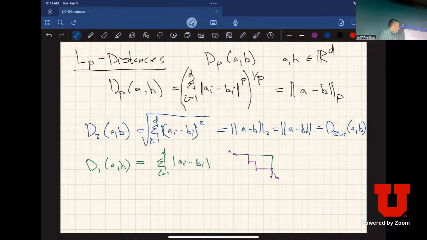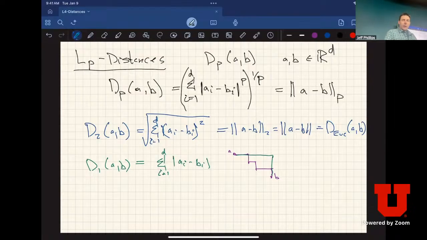Okay, Manhattan has these weird streets that cut through the middle. Downtown Salt Lake City is a better example. So this is also a metric, and this one is sometimes much easier to work with, and we'll actually see some really important properties that happen when you use this choice of a distance.